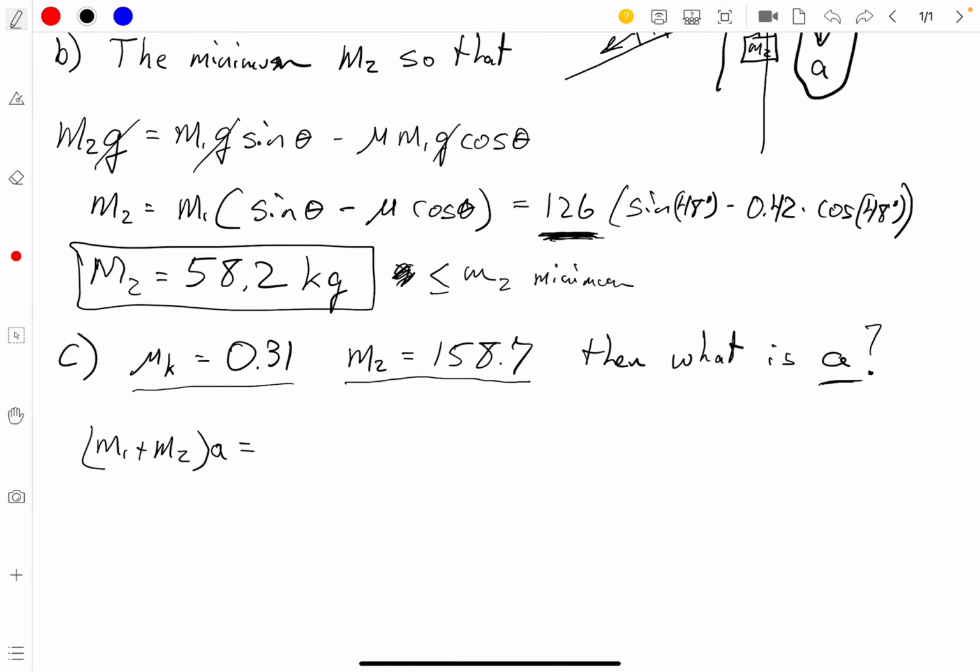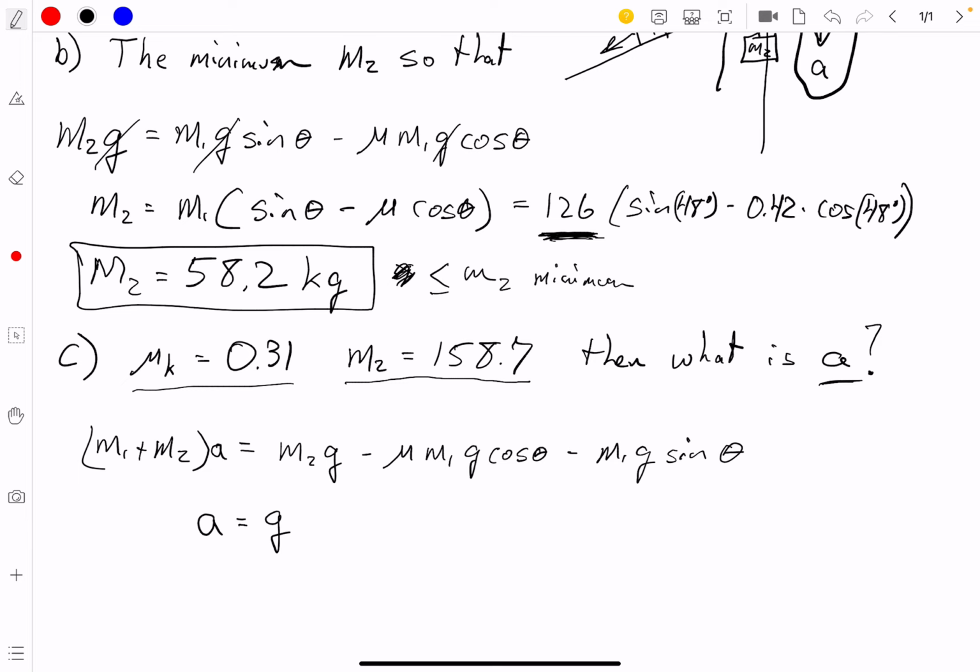So M2g minus mu M1g cosine theta minus M1g sine theta. And I need to solve for A. If you notice, we can factor out g on the other side, so I'm going to factor out g.